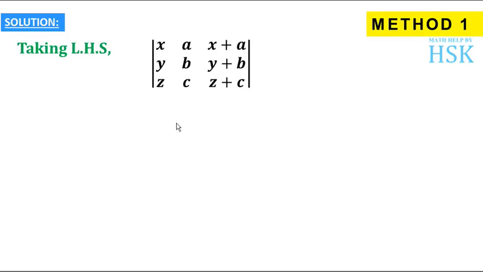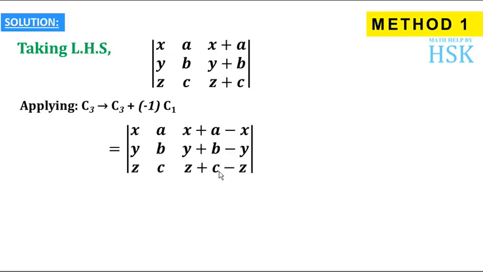So what I do here is apply this operation: C3 is changed to C3 plus minus 1 times C1. I take the elements of C3 and add the corresponding elements of C1 to it after multiplying by minus 1. In other words, I'm just subtracting the elements of column C1 from C3.